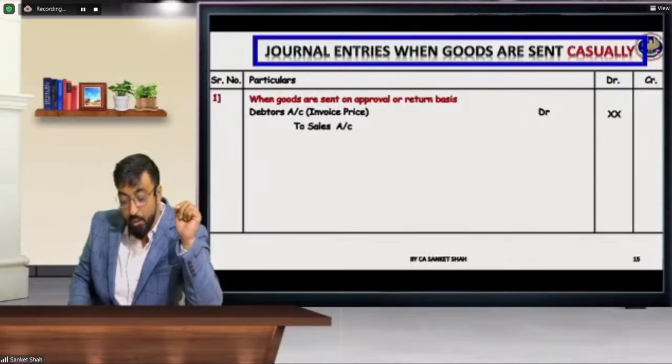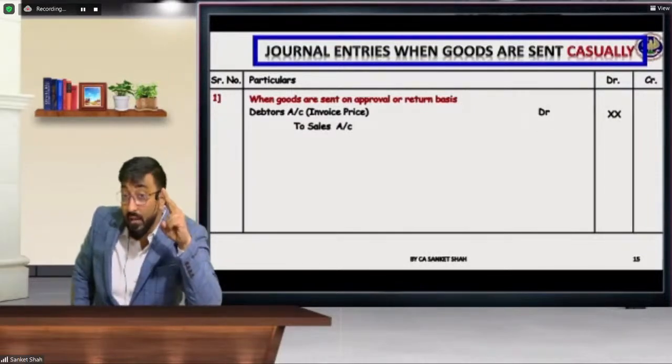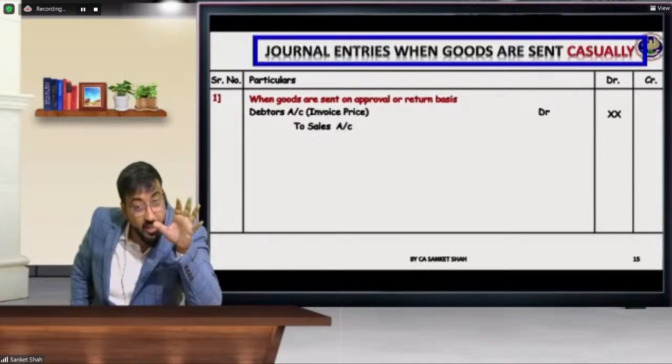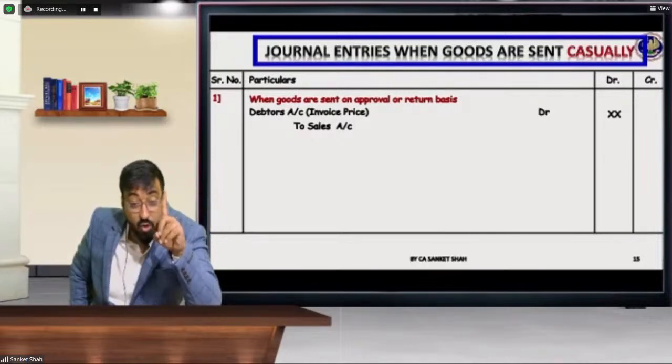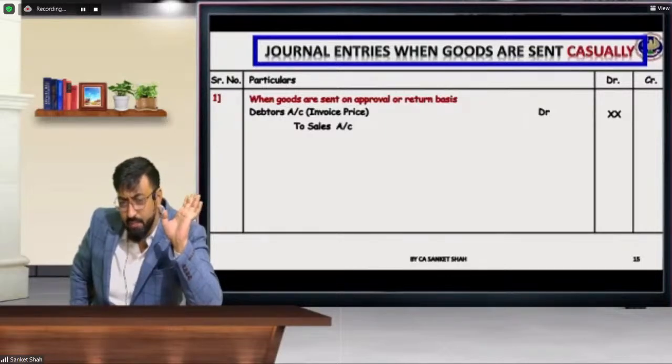Sir, invoice price. Now here I'm going to explain in inventory accounting. I think you already understood what is a sales percentage, cost percentage, but beta here it is also very important. I'm asking you one simple question.